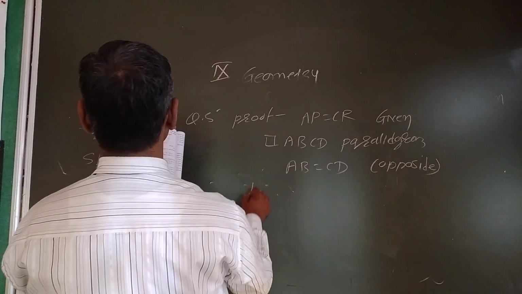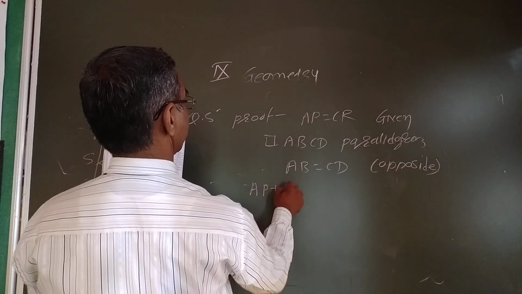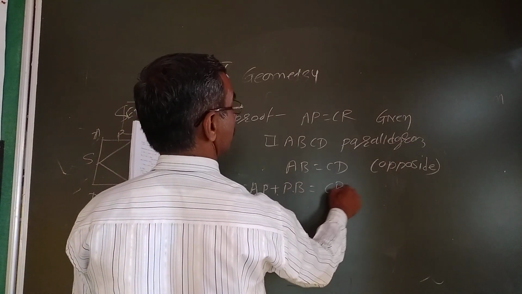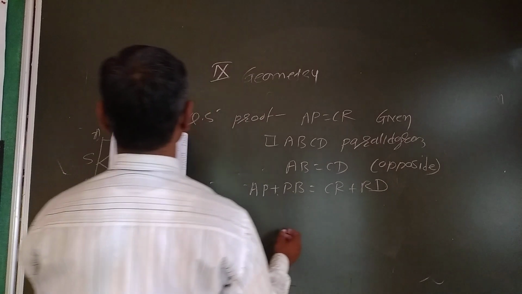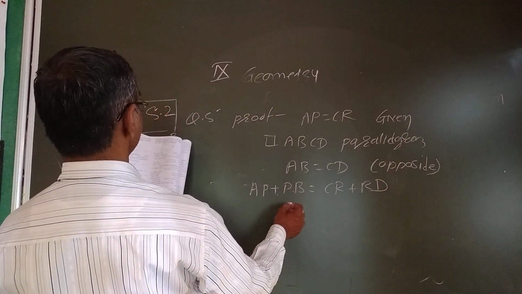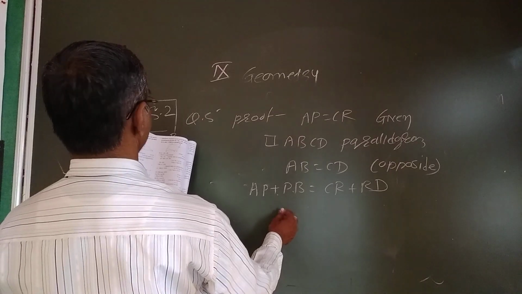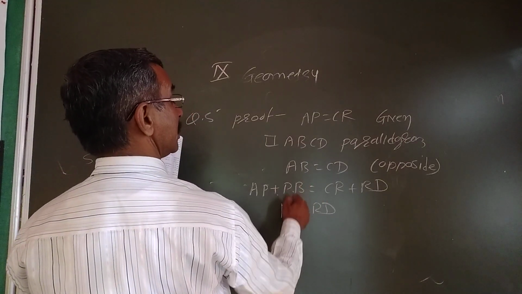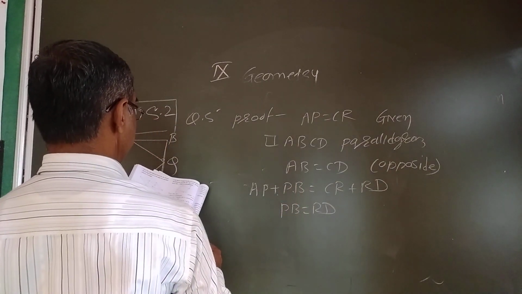This AB is the sum of AP plus PB, and CD is the sum of CR and RD. By subtracting, we get PB is equal to RD, because AB is equal to CD.